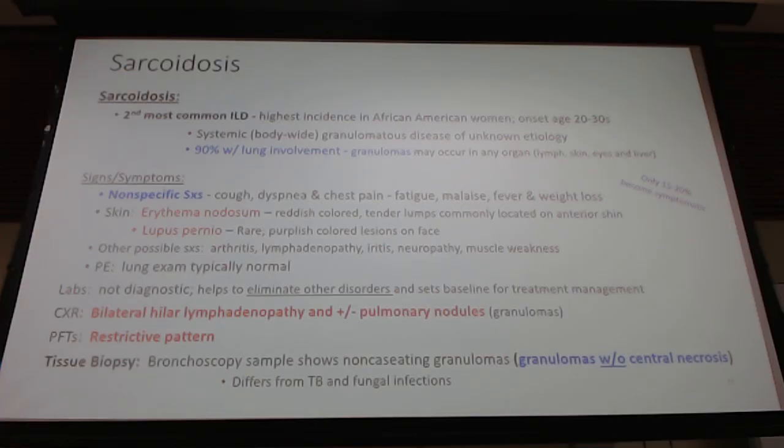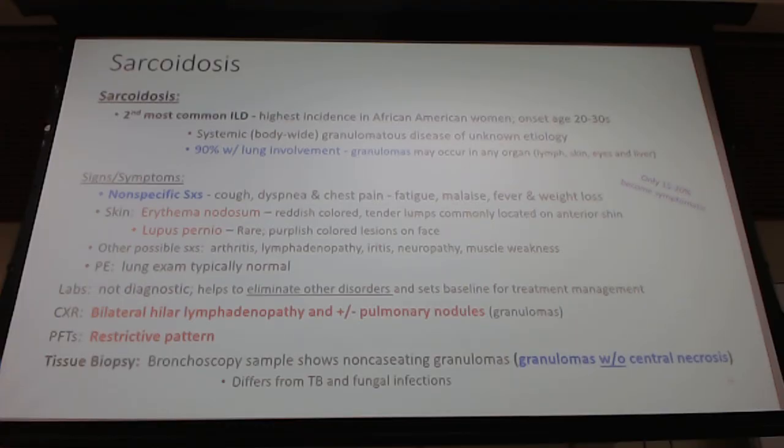There's these two skin findings. They're not significantly common, but knowing that they exist, knowing what they look like, God forbid the patient has them, you should probably be able to correlate that back to sarcoidosis.